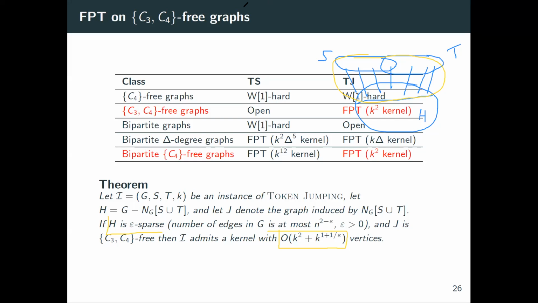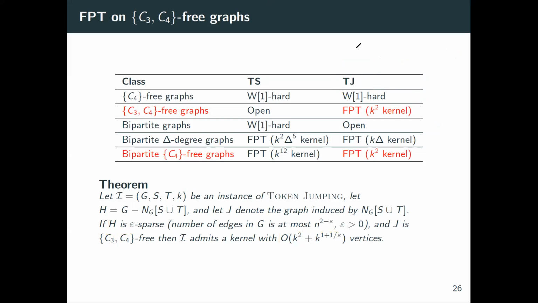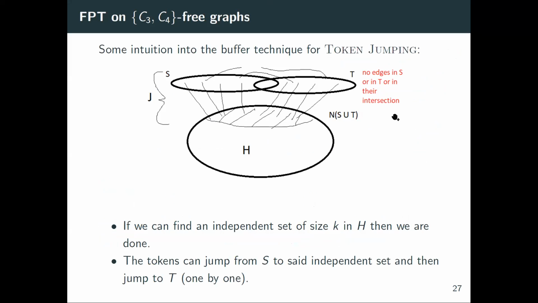And this idea is not a new idea. It has been used before, and it's what we call the buffer technique for the token jumping problem. The intuition behind it is very simple. If I have S union T, but somewhere in the graph, outside the closed neighborhood of S union T, I have a K-sized independent set in H, then you are done.